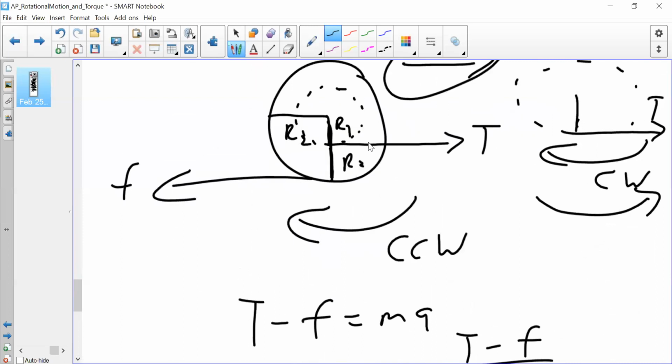T doesn't really have a direct influence to cause a different spin. So even though it's applied here, it's still providing a clockwise torque. Whereas here, friction, left alone, is going to cause this wheel to spin counterclockwise.